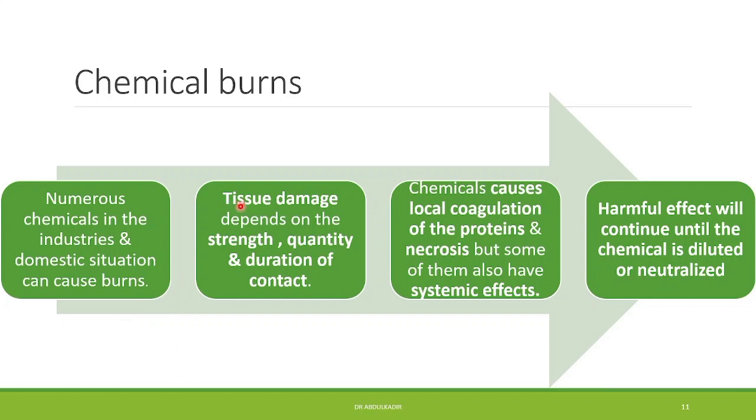These chemicals will cause tissue damage, and the damage depends on the strength, the quantity, and the duration of contact with the chemicals. It causes local coagulation of the proteins and necrosis of the tissue. Sometimes it can also have a systemic effect, but the local effect is common in chemical burns.